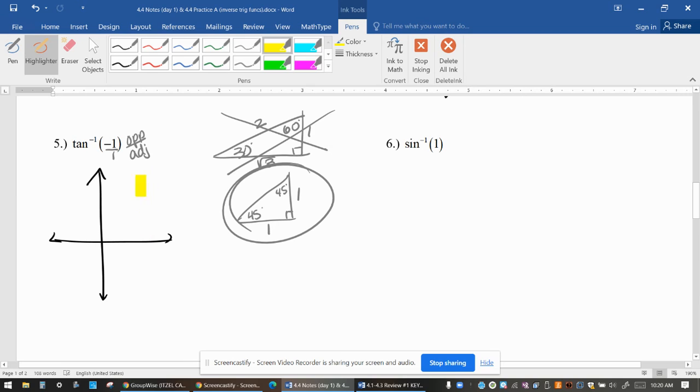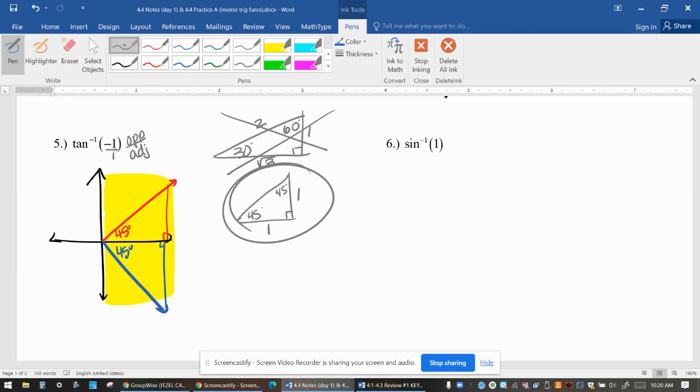Okay, so for tangent, you're allowed to give an angle between -90 and 90. We know that the reference angle is 45 degrees, so we just have to decide, do we want the angle that goes in quadrant 1 or quadrant 4? Across from 45 is a 1. Across from the other 45 is also a 1.